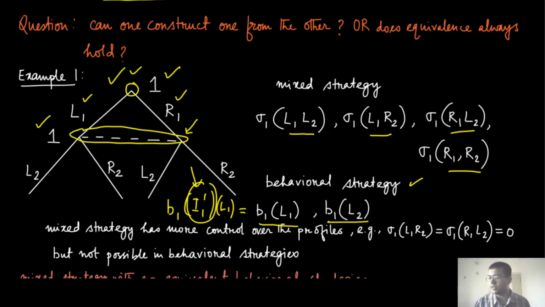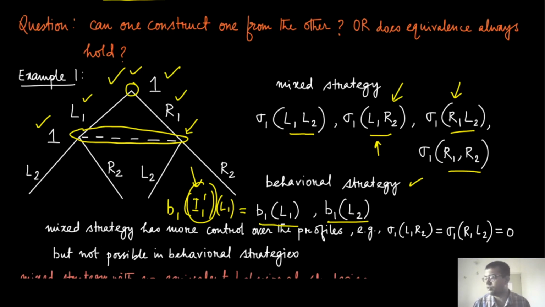Now, you can see that here the mixed strategy has much better control over this game. It can independently put probability masses on all these action profiles.